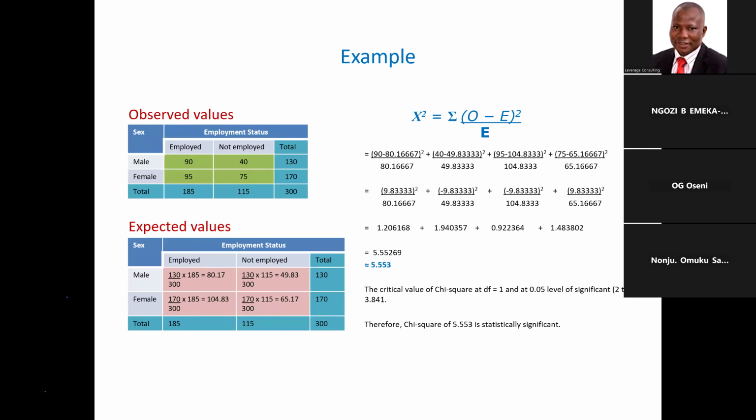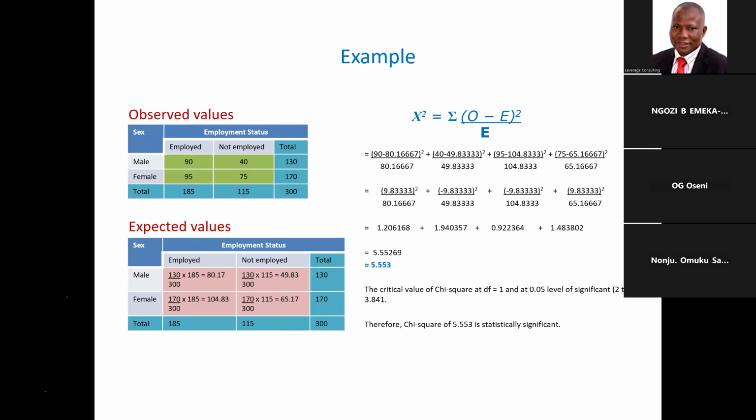The same thing is applicable to the non-employed, because the total that are not employed is 115. The number of female or male that are not employed should be proportional to the contribution of male and female to the total. So we have 130 over 300 of that 115 for the male not employed, and the same for the female not employed, 170 over 300 times 115.